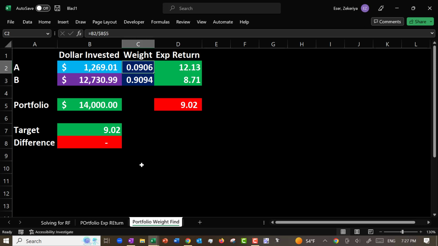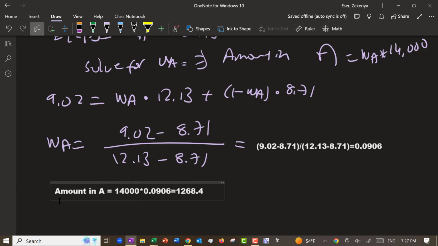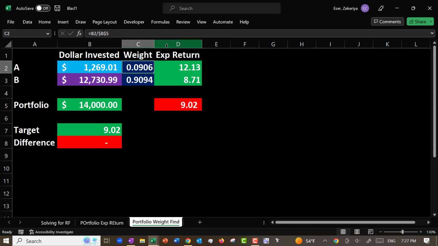This is precisely the weight I got. I multiplied with 14,000. Yes. The difference is because of the round-offs. I don't actually round things here, but the other one does round it.